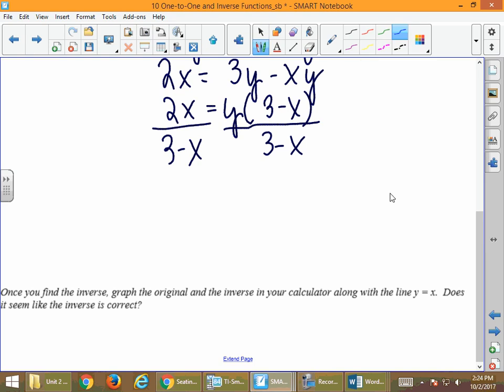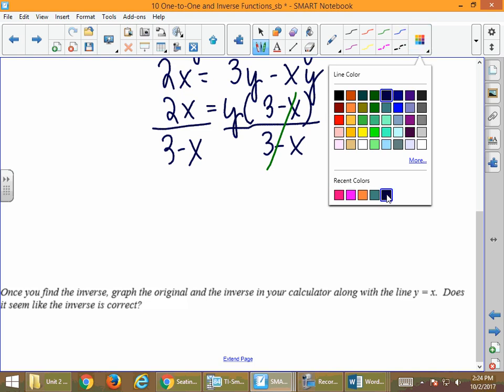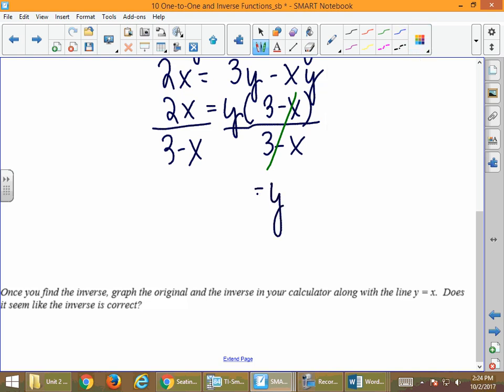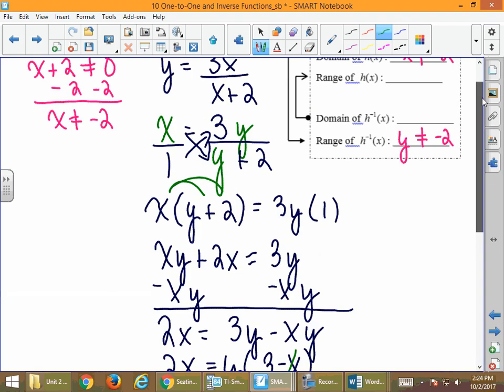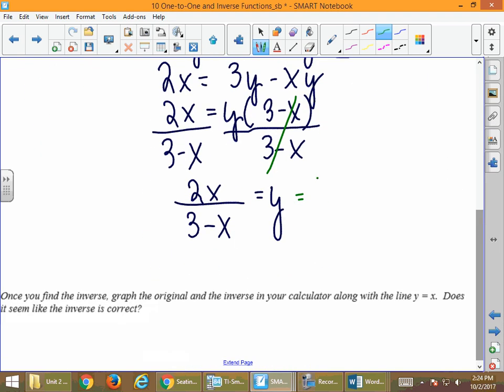I was lucky enough that I can keep sliding this down here. The 3 minus x's cancel out. And we have y equals 2x divided by 3 minus x, which, by the way, is our inverse, and I think I'm dealing with h this time. I am. h to the negative 1 of x.